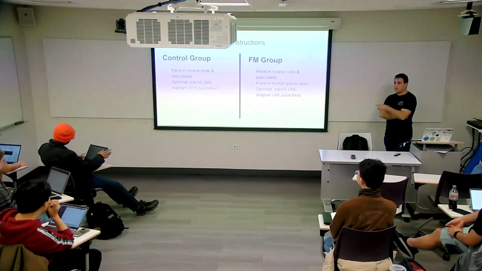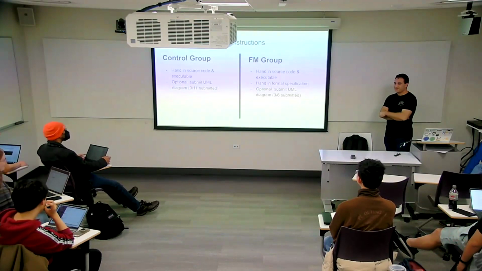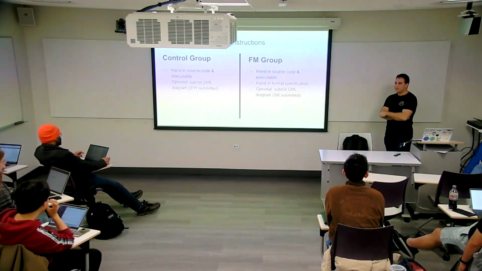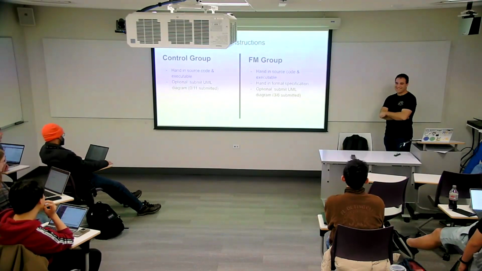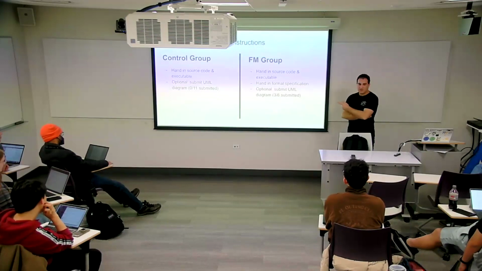Totally. Any other ideas? Thinking more about your code tends to make your code better. If you're thinking more about the design and intentionally designing your code in a way that will make it better, based off of the hand-ins, it's obvious that the second group will have thought more about their code. It might have been possible that the control group just wanted to do the assignment and get it over with.